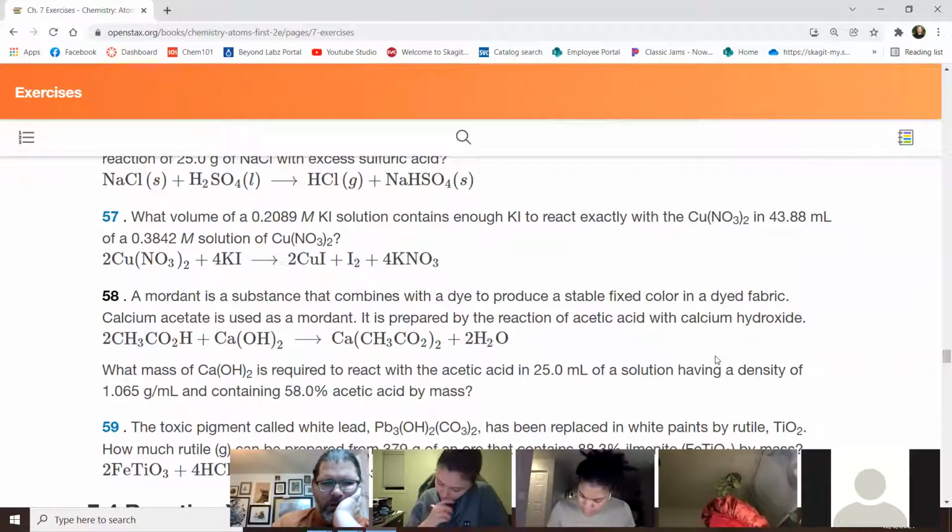So it looks like we're using our balanced chemical equation to relate a number of moles of a reactant to a number of moles of another reactant again this time, huh?